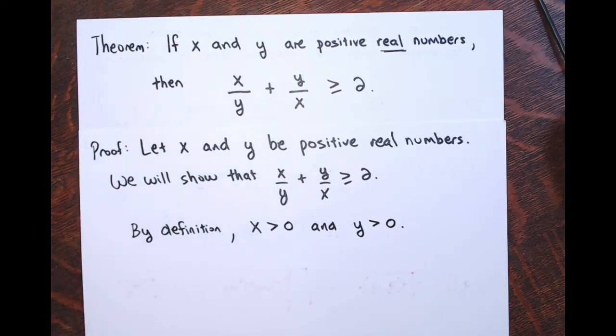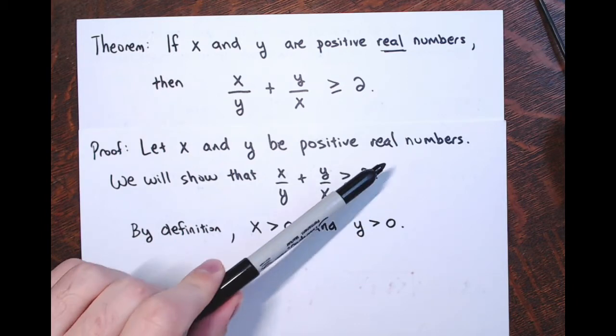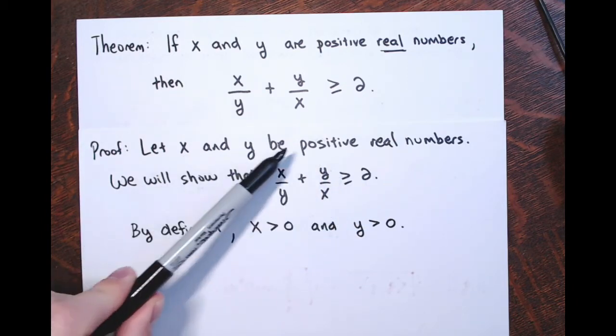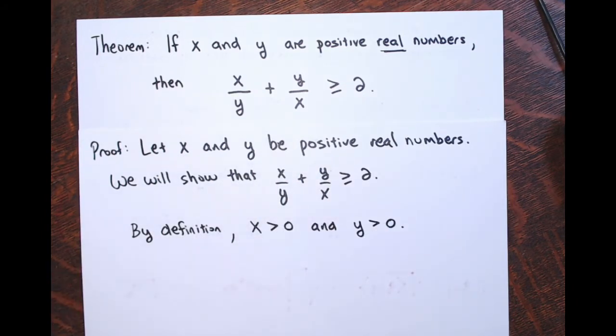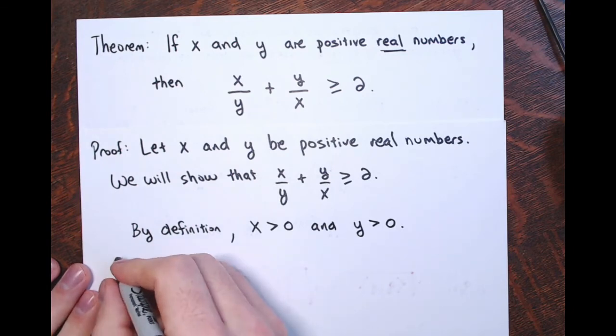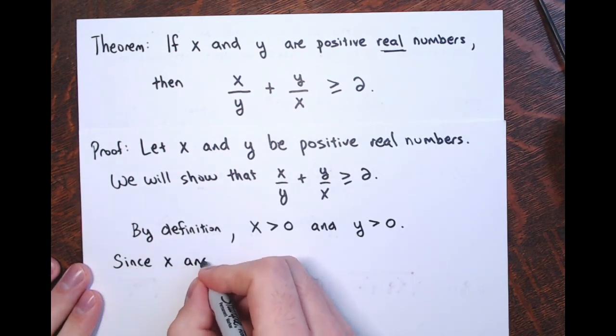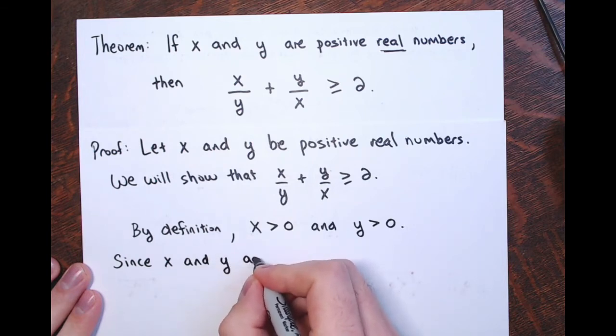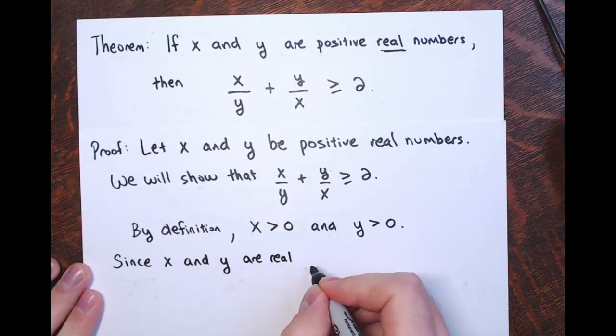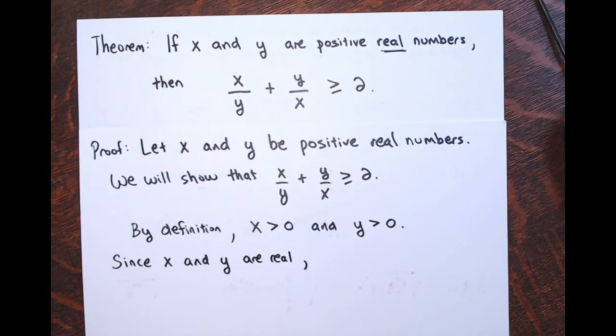Now, since x and y are real, I am telling you they are real in this initial assumption. Again, like with the integers, their sum will be real. Their difference will be real.